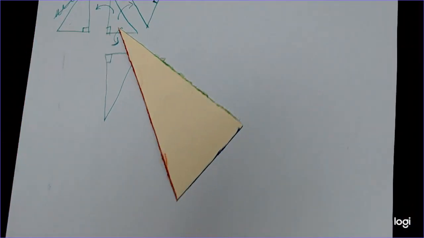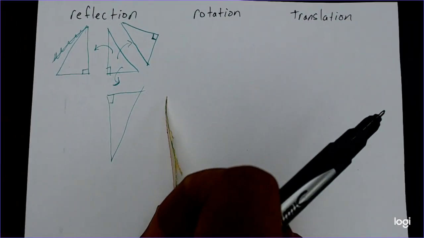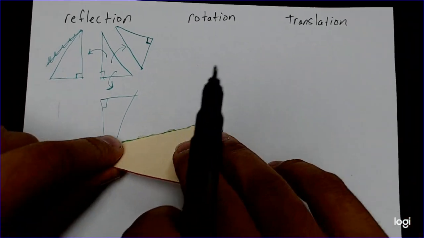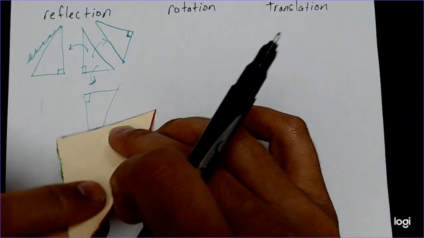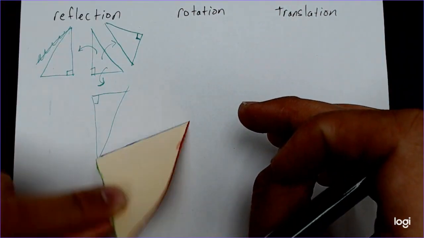All right, does everyone see that? Okay, so that's how reflection works. With reflection, you keep one side stationary and you reflect it like that, or like that, or like that. Kind of like if you were to picture the shape being a doorway that's opening and closing.